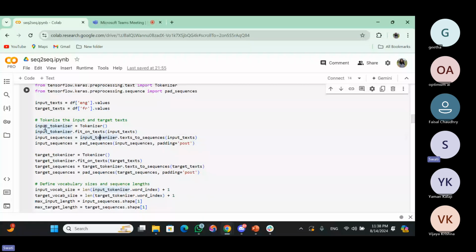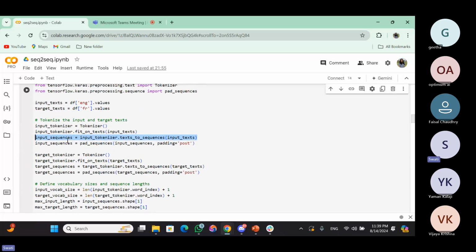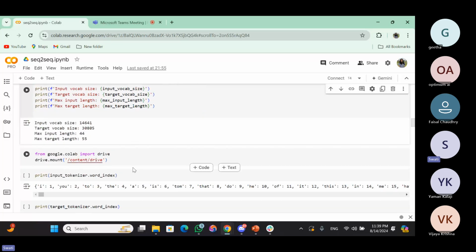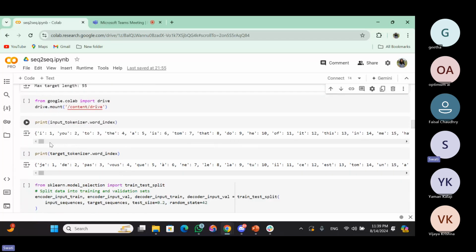Then we use a tokenizer, which is fitted on this input text and makes your input sequence. Here you are assigning one number to one word. You can see what this input sequence is, and what this input tokenizer is. It assigns one number to each item.